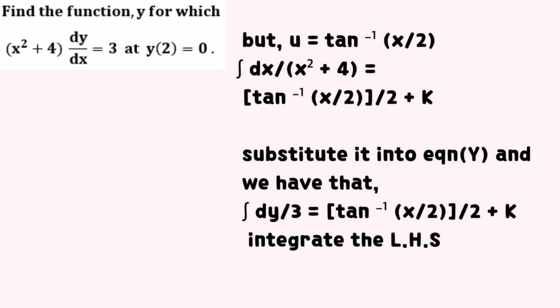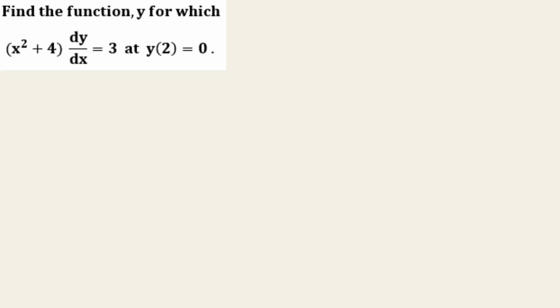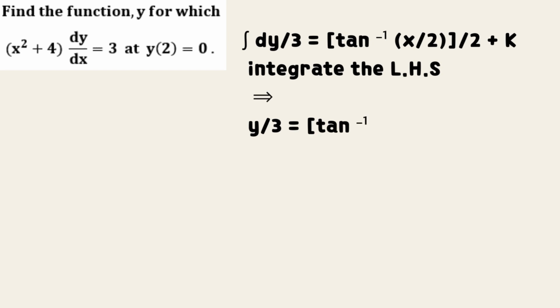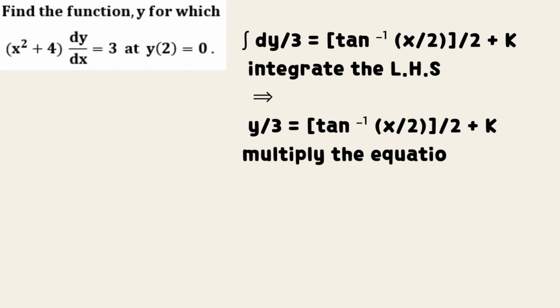Substitute it into equation y and we have the result shown on the screen. Integrate the left-hand side of the equation. This implies that y over 3 equals the sum of the product of half and the tan inverse of half of x and k.